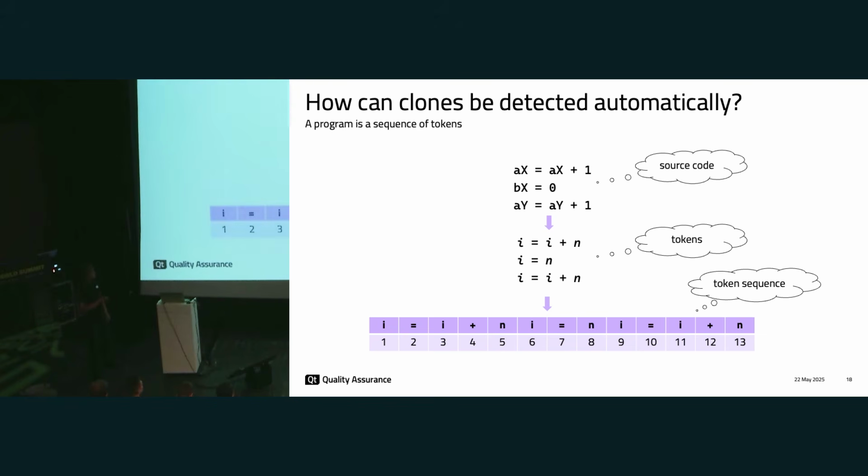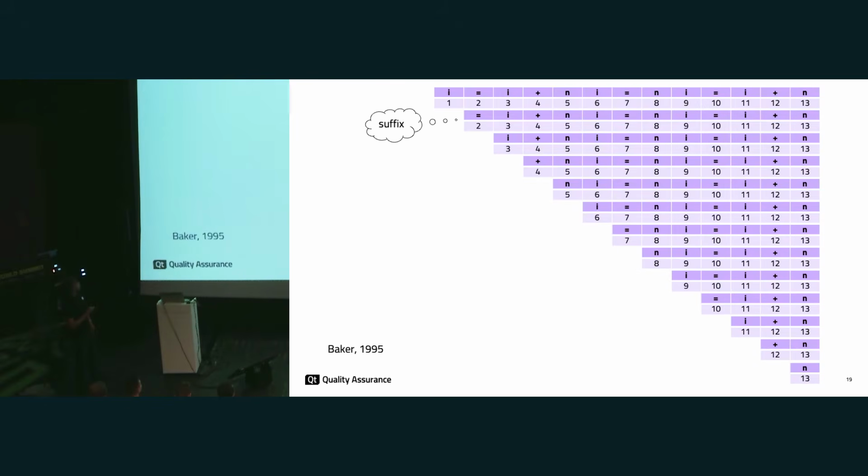And if you do that, the whole program is transformed into a sequence of tokens. Now, if you view a program as a sequence of tokens and you want to find clones, what you have to do conceptually is find subsequences that are alike. So how can we do that efficiently? One option is we consider all the suffixes of a program.